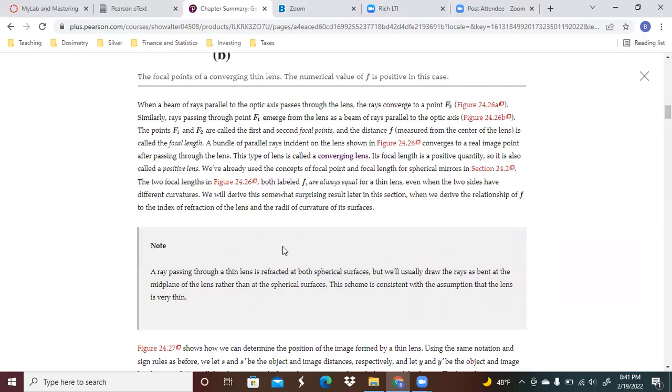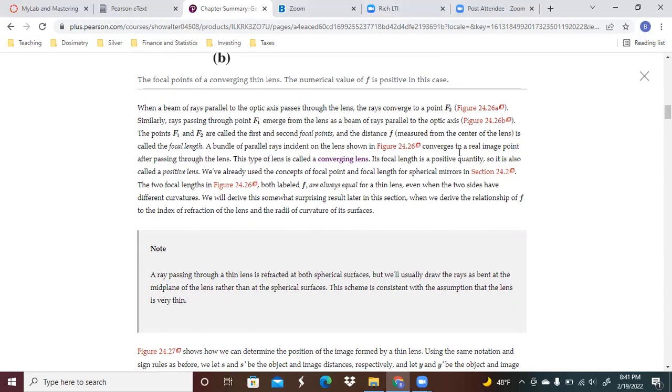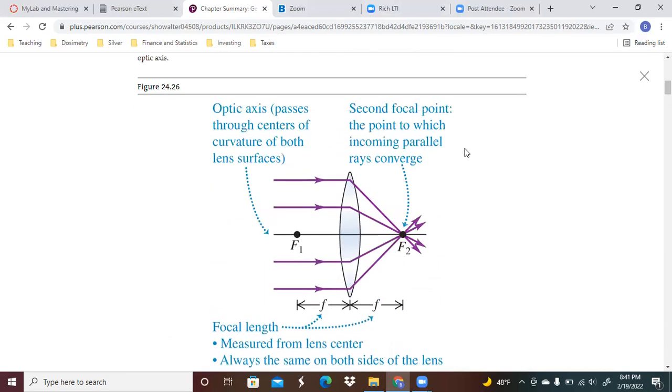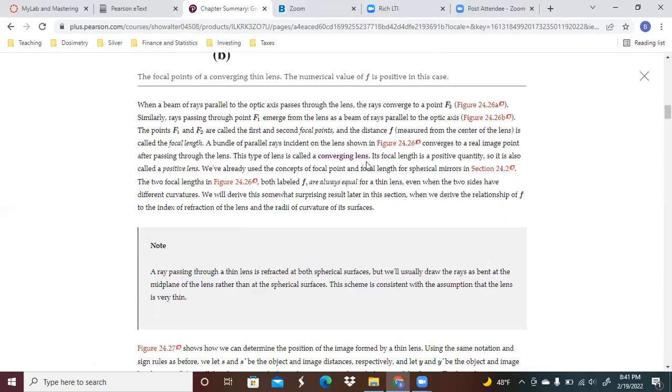When a beam of rays parallel to the optic axis passes through, well, you've seen all of that. A bundle of parallel rays incident on the lens shown in figure 24.26, like this, converges to a real image point after passing through the lens. This type of lens is called a converging lens.